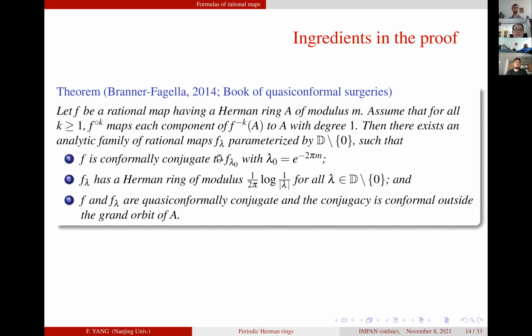This is a family of maps, and F_lambda has a Herman ring of modulus like this. And we can see the modulus can vary from 0 to infinity. So this is a property.